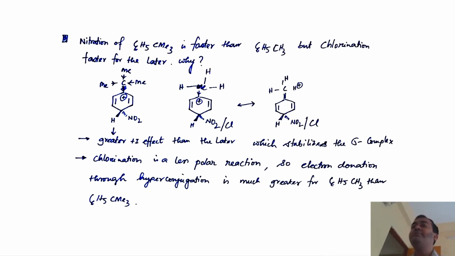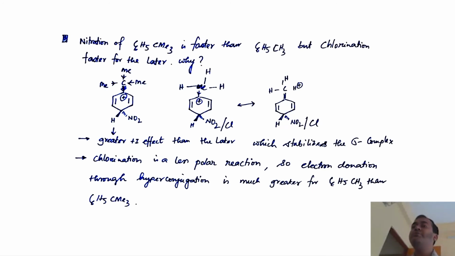So it is a less polar reaction, and since this positive charge is not a point charge, in this case the hyperconjugation effect is actually operational. If this hyperconjugation happens, then this actually becomes a double bond character, and that can come all the way up to your chlorine center.